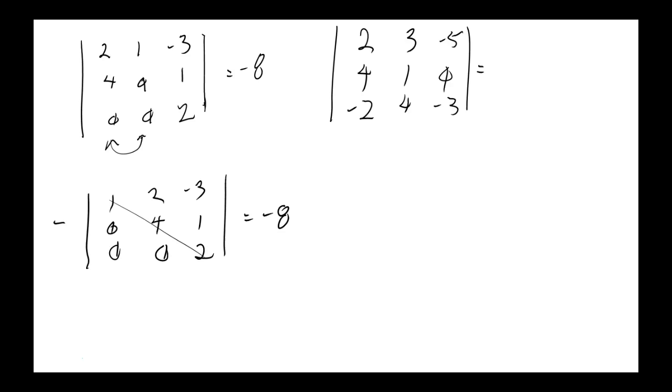Okay. Let me go back to the row operation. This is what we're looking for. And what we're going to do to this matrix is, now, the rows aren't very helpful to you here.